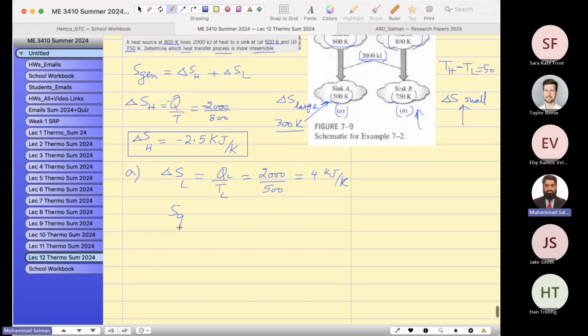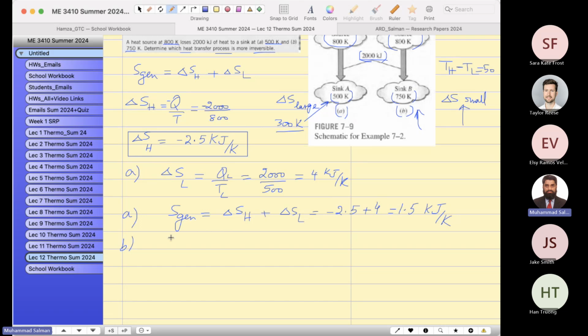Now for entropy generation in case A, let's find the total entropy: entropy at the source plus at the sink, minus 2.5 plus 4 gives you 1.5 kilojoules per Kelvin.